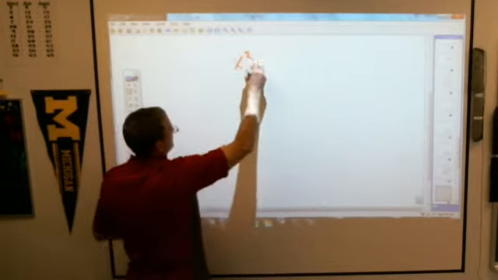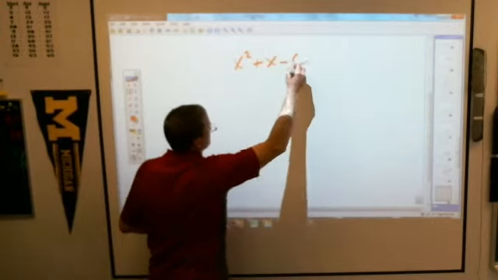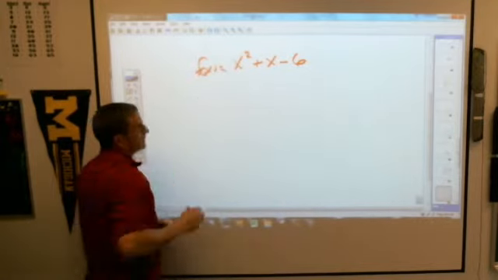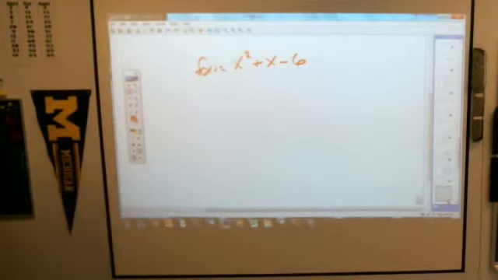Give me the graph of that, find the axis of symmetry, and tell me what the zeros are.